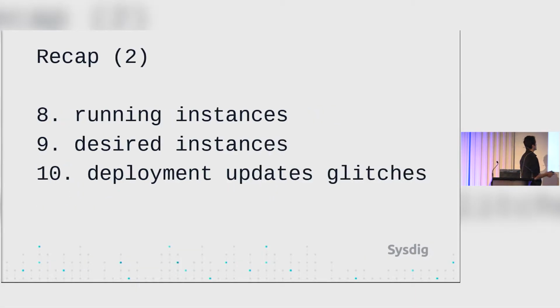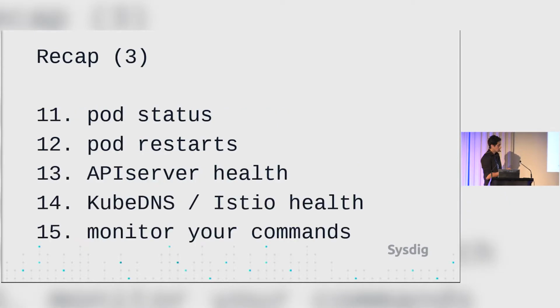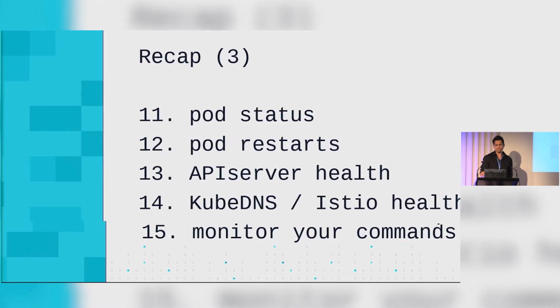How many running instances you have, the desired instances, deployment update glitches, pod status, pod restarts. Those are the crash loops. Your Kubernetes components, API server health, KubeDNS issues, and monitor your own commands, basically all the input going to Kubernetes.